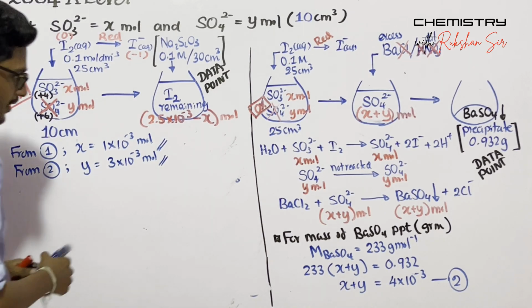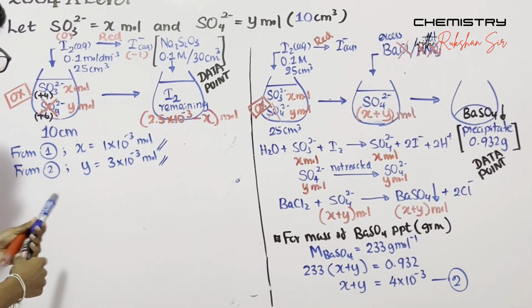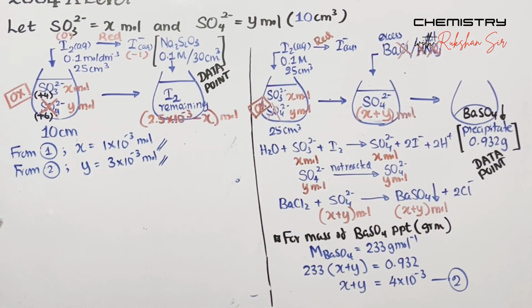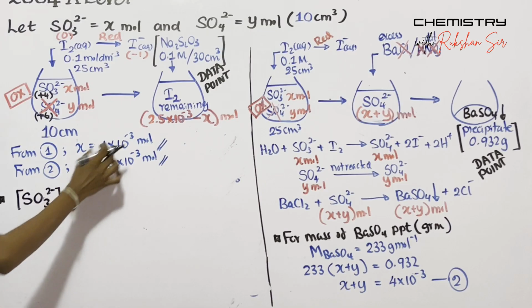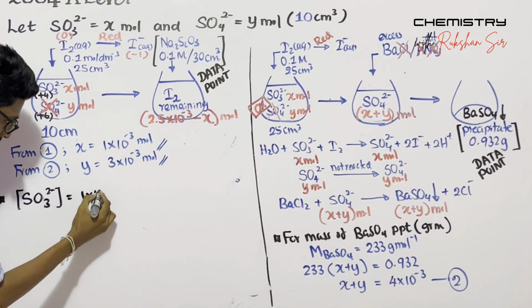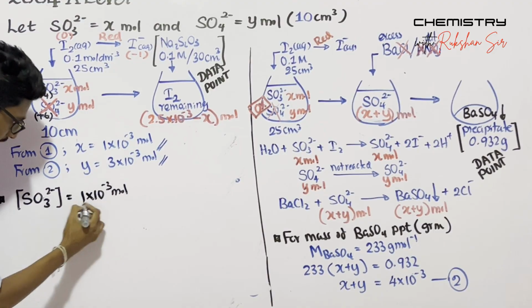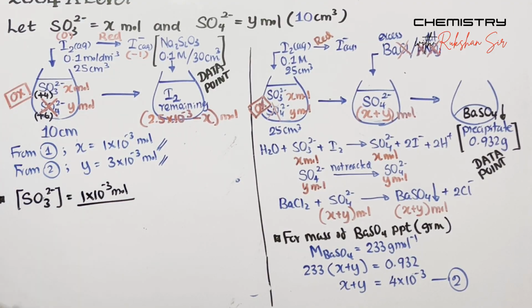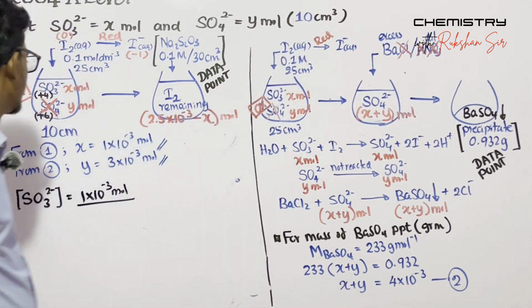Now we can come up with the concentrations of the sulfite and the sulfate. First, the concentration of sulfite ions is equal to the number of moles of sulfite, that is X moles, 1 times 10 to the power minus 3, divided by the volume of the solution, which is 10 cubic centimeters.